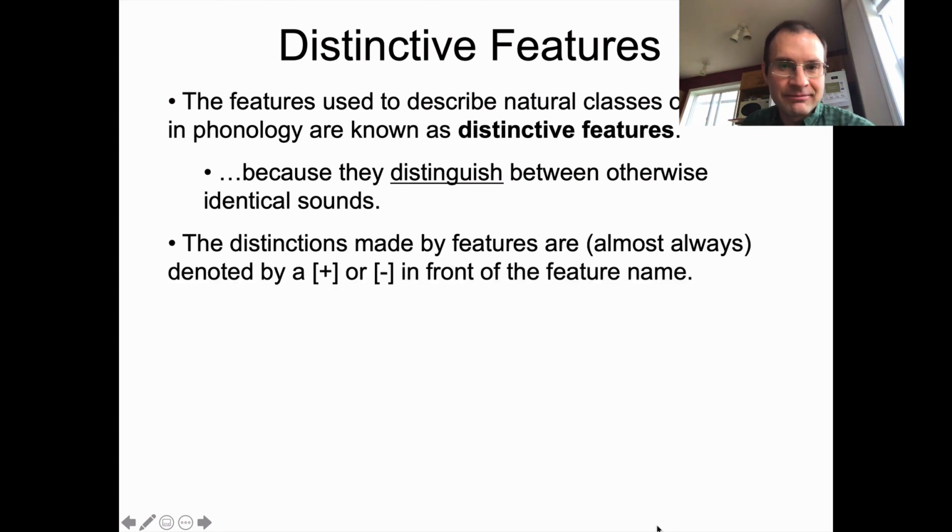They're multi-purpose, I guess you could say. Normally, because they are distinctive in this sense, they are preceded by either a plus or a minus in front of the feature name. And that's making the distinction, like could something be plus strident or minus strident? An s is plus strident, a theta is minus strident, so that's how they are distinguished from one another.